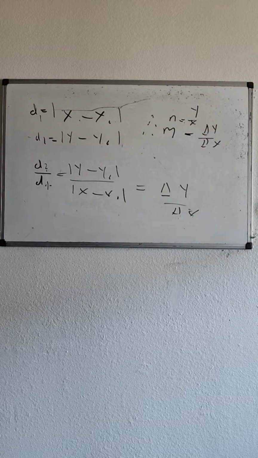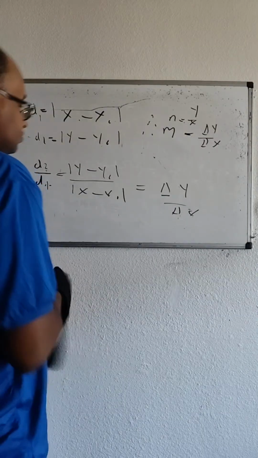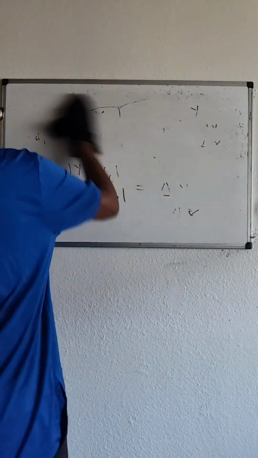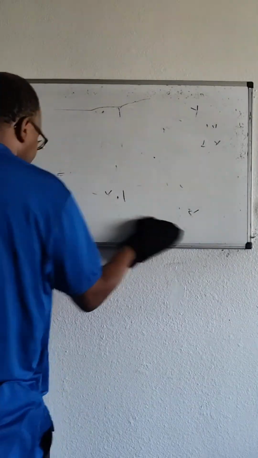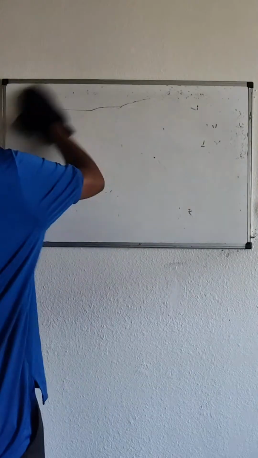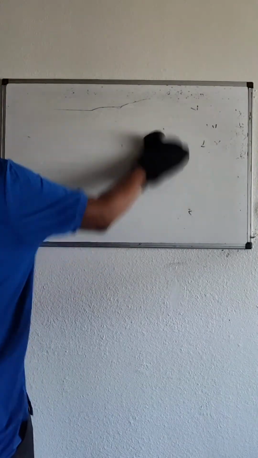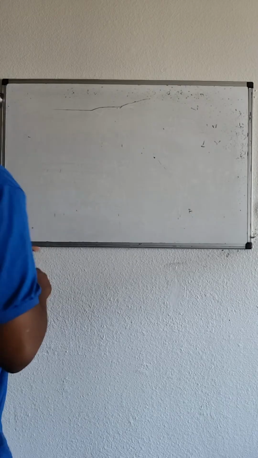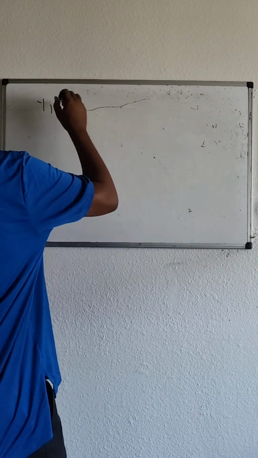So that's the first part of our proof. So the second part of our proof, we're going to allow y1, y sub naught.